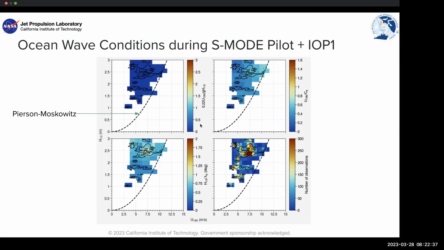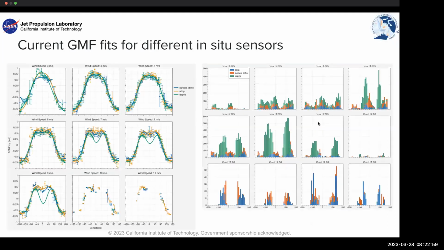That is probably typical of many deep ocean sites, but may influence the geophysical model function as we go to these areas, because things like the significant slope, which can influence the slope modulation, will change for those seas. So with that caveat, we move on.